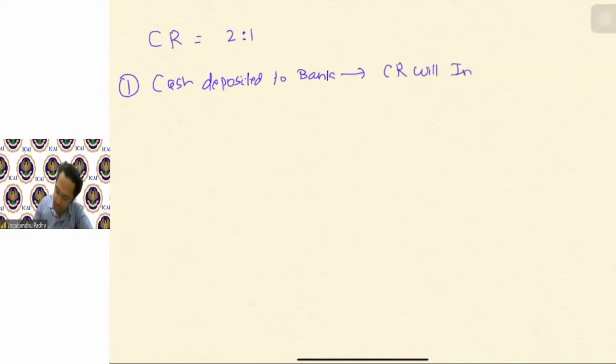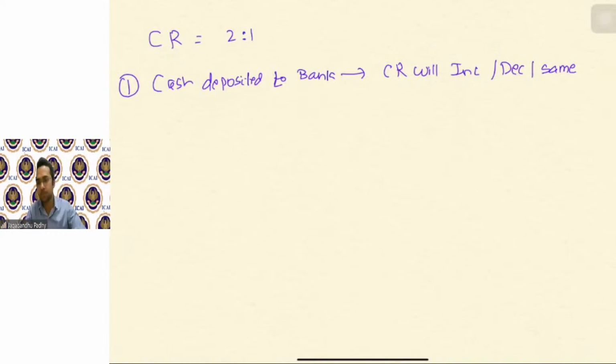Current ratio will increase, decrease, or is it going to remain same? Answer me, guys. If your current ratio is 2 is to 1, and you deposit some cash to the bank, you had some amount of cash in your drawer and you just take it and deposit it to a bank. So what's going to happen to your current ratio? Is the current ratio going to increase, decrease, or is it going to remain same?